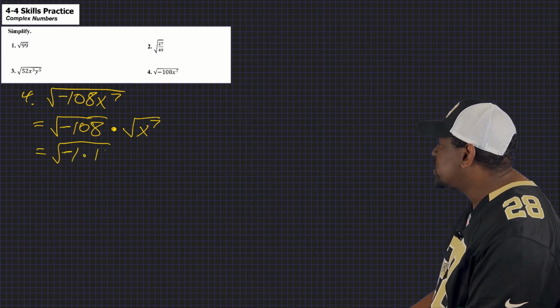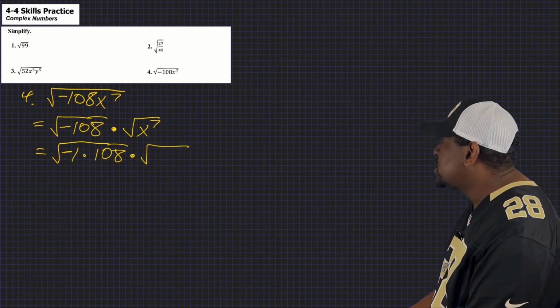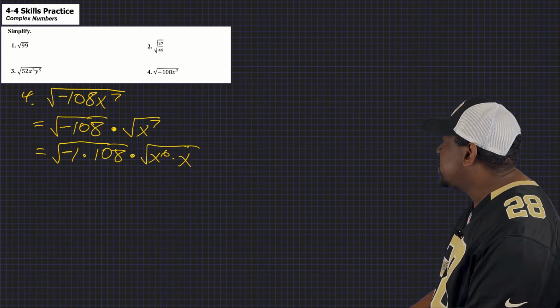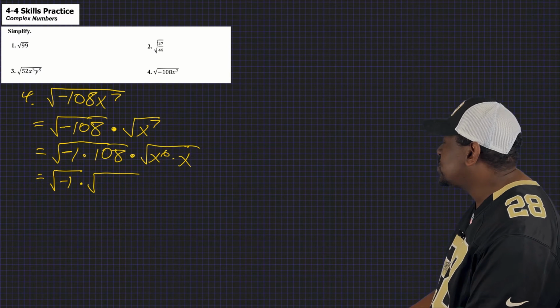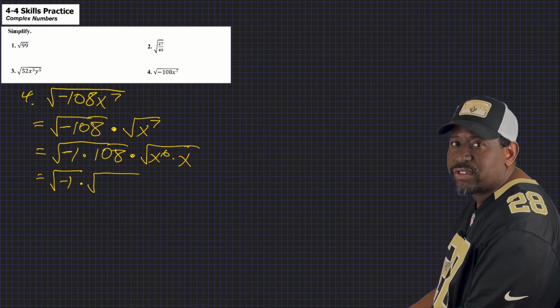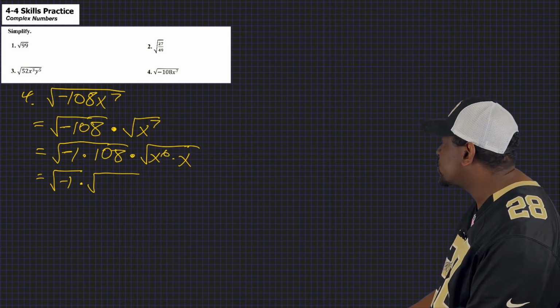Now we want to simplify -108 by writing -1 times 108, since we know the square root of -1 will be i. And for x to the 7th, we will write x to the 6th, which is the nearest even number under 7, because you always take the perfect squares, even exponents of perfect squares.